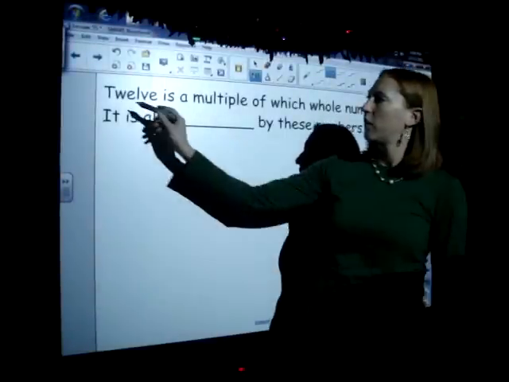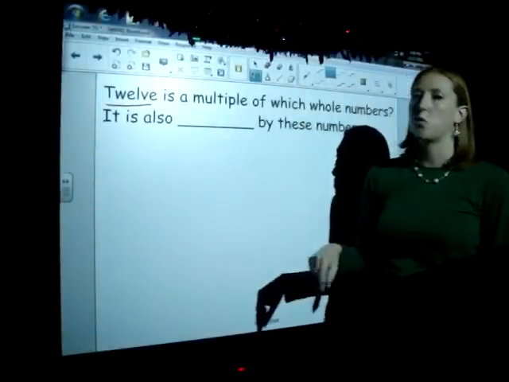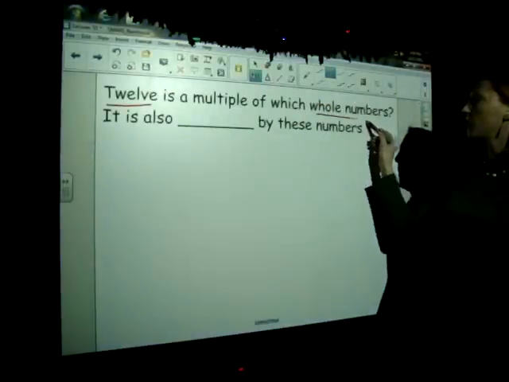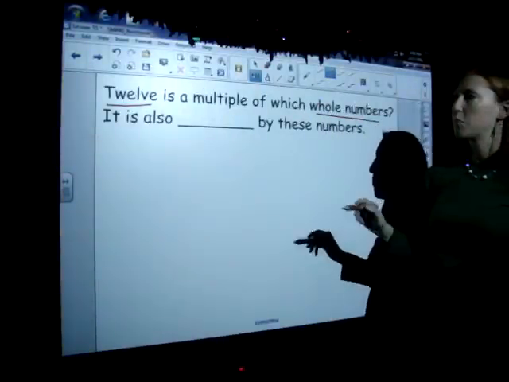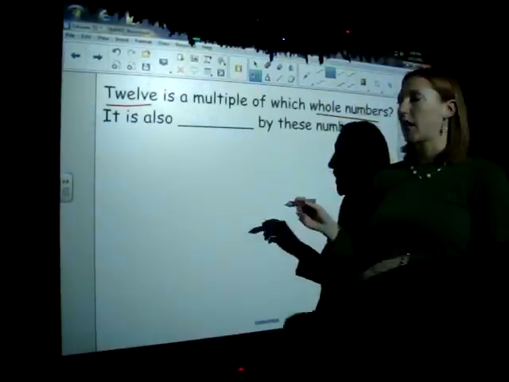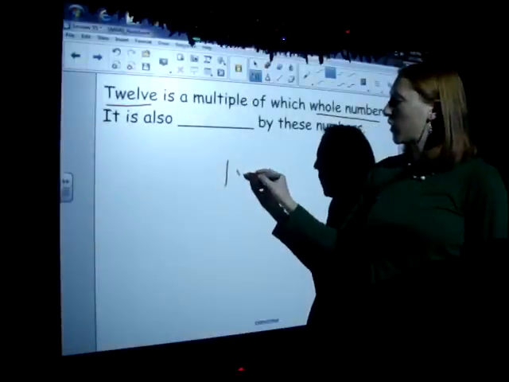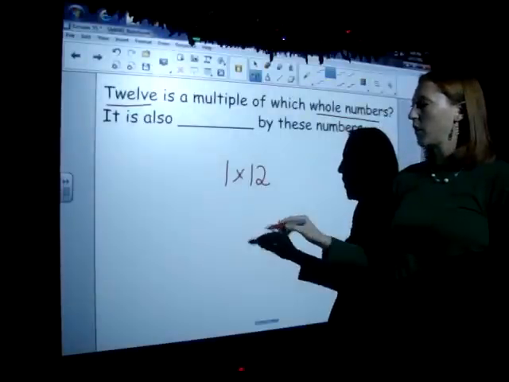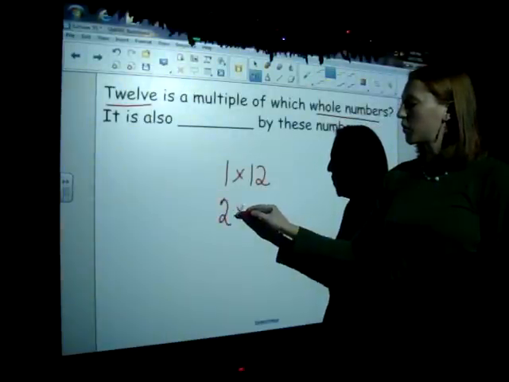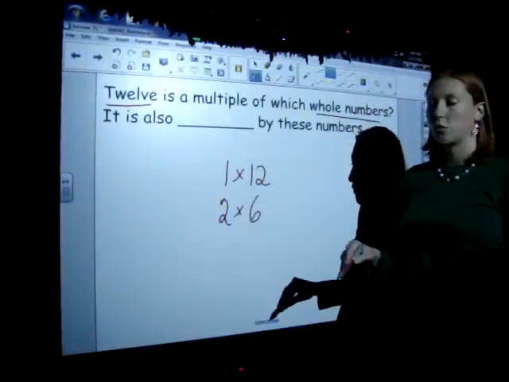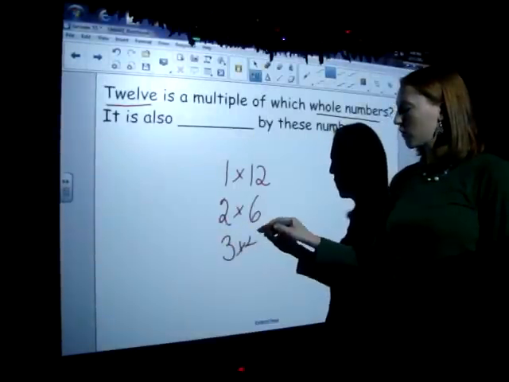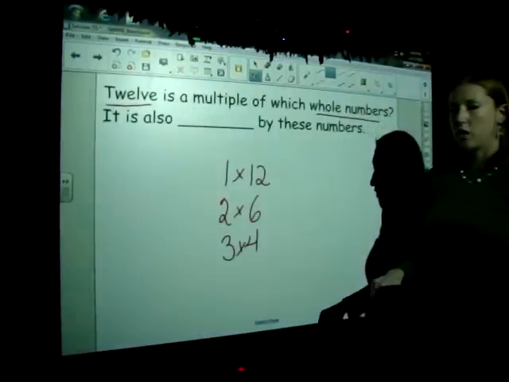Now we're going to look at the number 12. Is a multiple of which whole numbers? So that would mean, what do we multiply to get 12? Like 1 times 12 equals 12. How about 2? Well, 2 times 6 equals 12. And 3 times 4 equals 12.